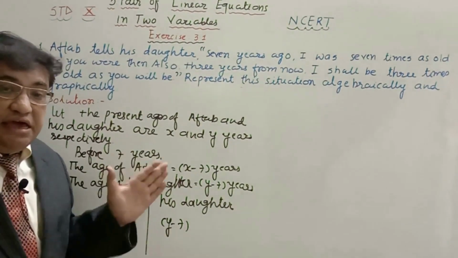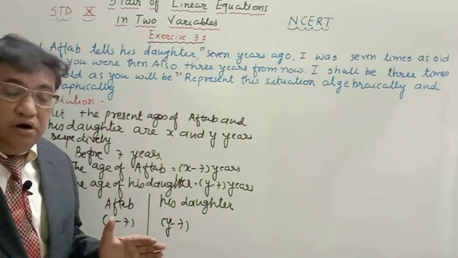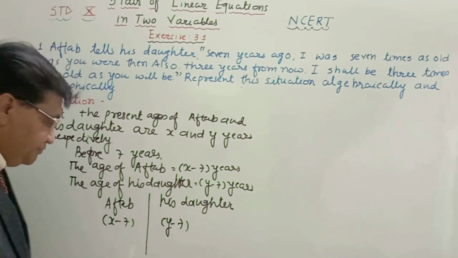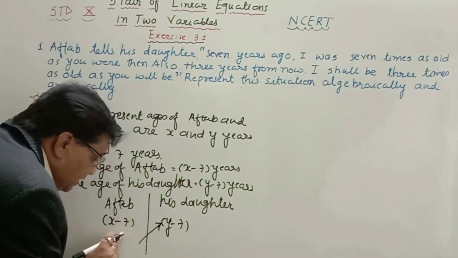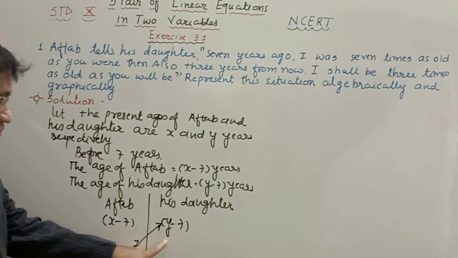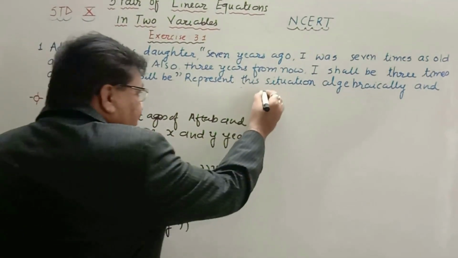Means the age of Aftab was 7 times than compared to his daughter. So what is our equation?